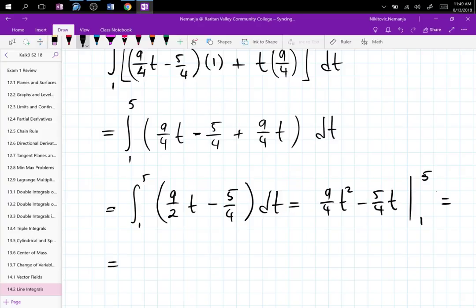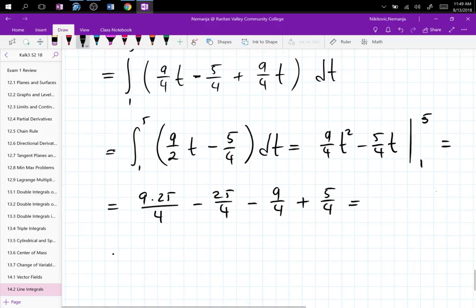This is 9 times 25 over 4 minus 25 over 4 minus 9 over 4 plus 5 over 4.